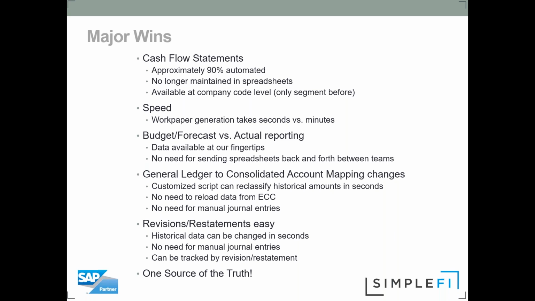They only did it at the segment level before, I think because of the time commitment. In BPC, it's 90% automated. Of course, you're going to have some non-cash or other adjustments or reclasses that you want to do within the cash flow statement. So it gets them 90, probably 95% there. They might have to make an adjustment, but everything is just generated.